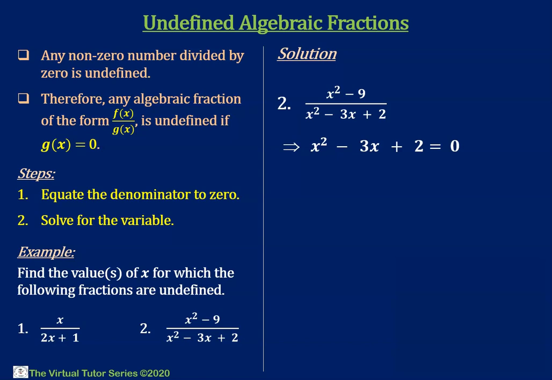The coefficient of x squared is 1 and the constant term is 2. The product of 1 and 2 is 2. The coefficient of x is -3, and two factors of 2, which sum up to -3, are -1 and -2.